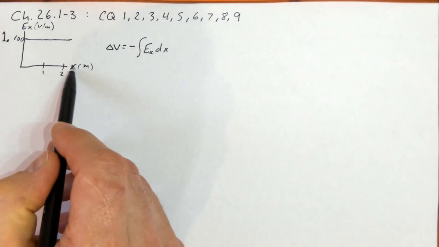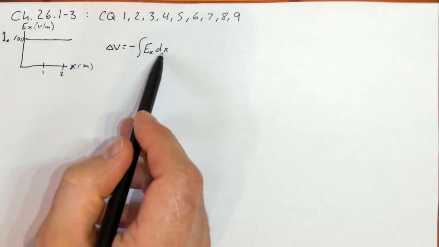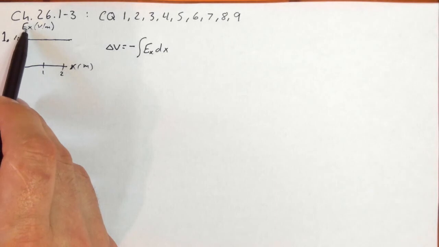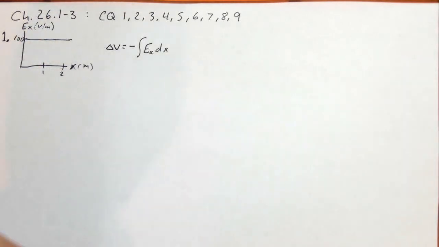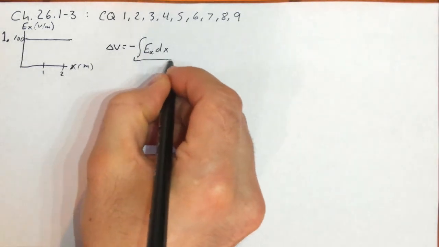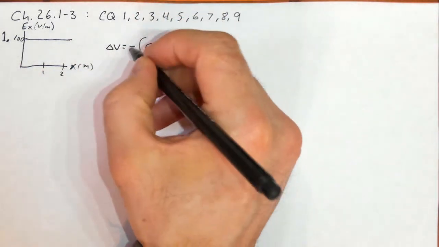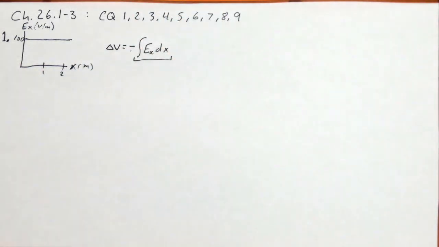Since we're looking along the x direction, our motion is along the x direction, and that's why this is plotted as Ex. If this was Ey, this would mean nothing. Using that, we know that this is the same thing graphically as the area under a curve. And so the minus sign means I just need to flip that. So positive area means a negative change in value.